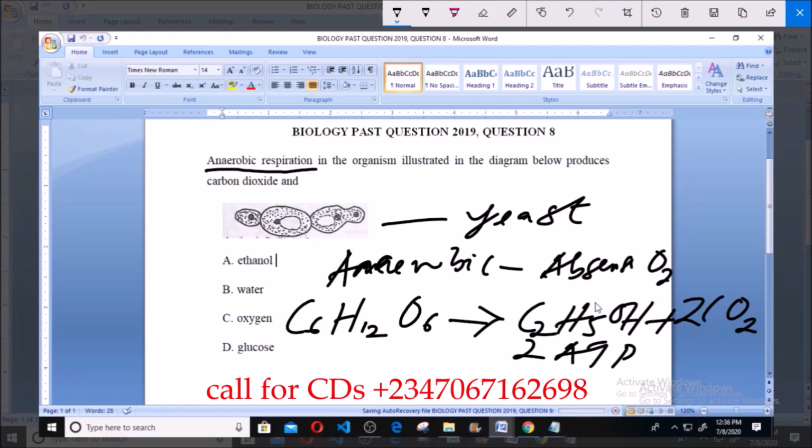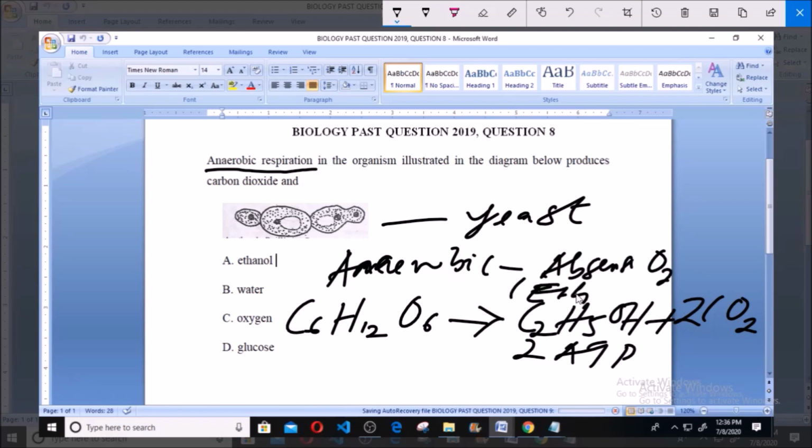Now, C2H5OH is called ethanol. From the question, you are asked for the product of the anaerobic respiration of yeast. Now, they said carbon dioxide and ethanol. So your answer here should be A. A is the correct answer to this question, ethanol.